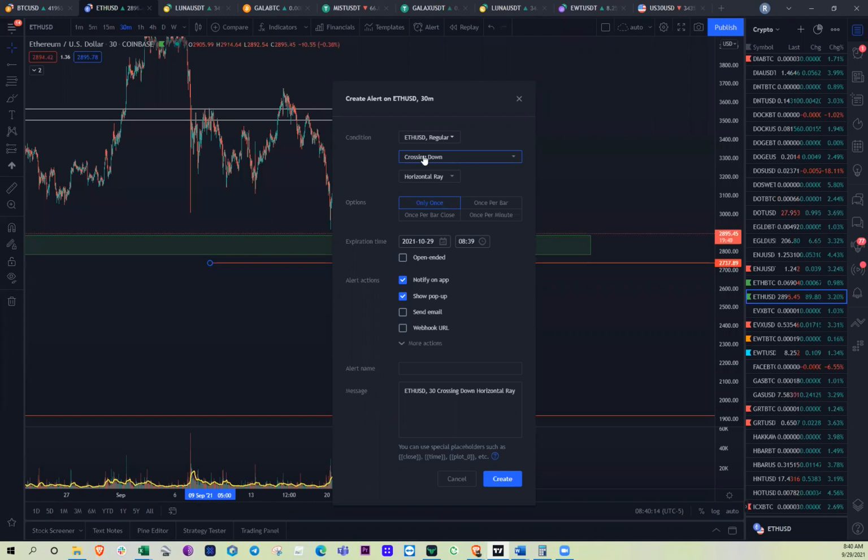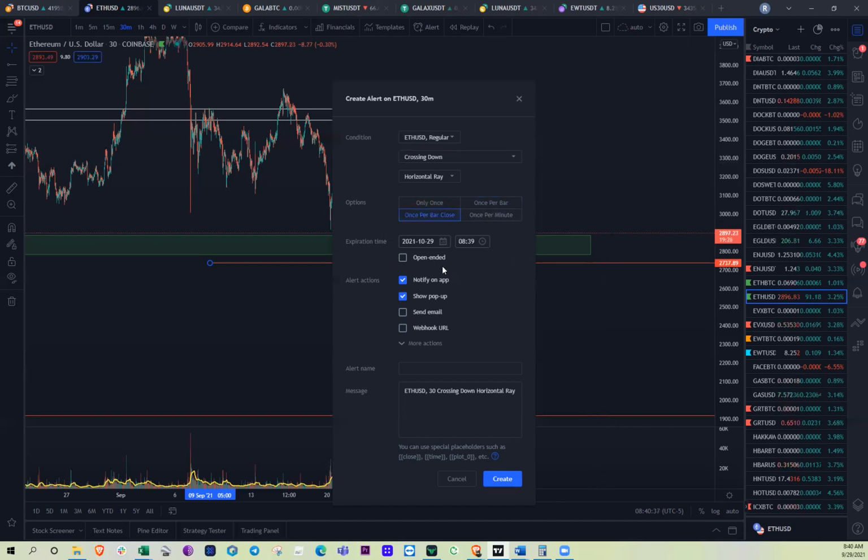So if Ethereum is crossing down across this horizontal ray, alert me once per bar, every candlestick, once per bar close. I like the bar close because we could wick down there and then end up closing above it.